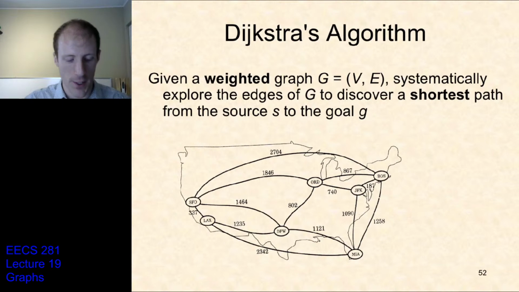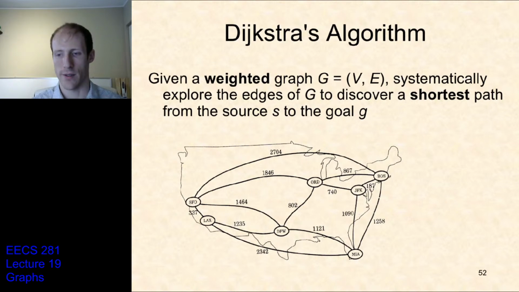Now, the third algorithm we mentioned is Dijkstra's algorithm. And there'll be, I think, a decent chunk of a later lecture on Dijkstra's. So all I'm going to say about it for now is that this is going to discover the shortest path, where shortest means the sum of edge weights.